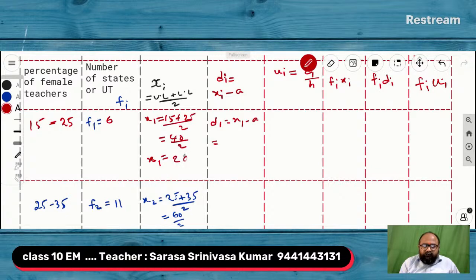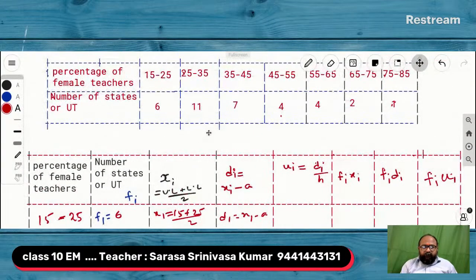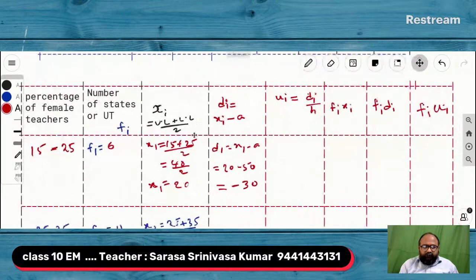Therefore it is 20. x1 equals 20. Therefore d1 equals 20 minus 50, that equals minus 30. Now we have calculated d1. Let us see whether what we have written is 15 to 25 only, right?